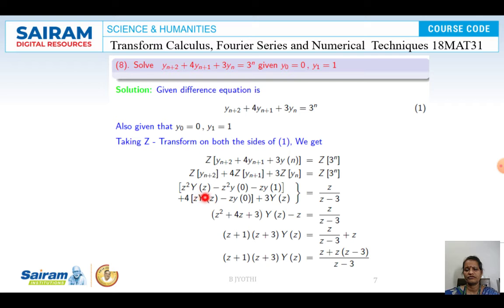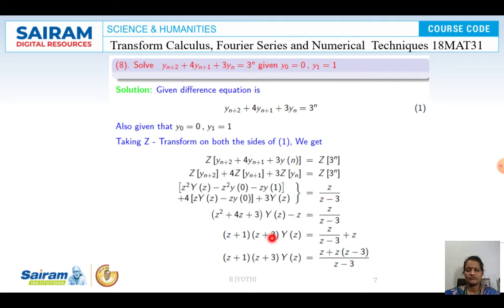We get z² y(z) - z² y(0) - z y(1), and for the second one, 4 times z y(z) - z y(0), plus 3 times y(z). Taking y(z) common, we get (z² + 4z + 3) y(z), and substitute y(1) and y(0) respectively. Then on the right hand side, z/(z-3), that is the transform of 3^n.